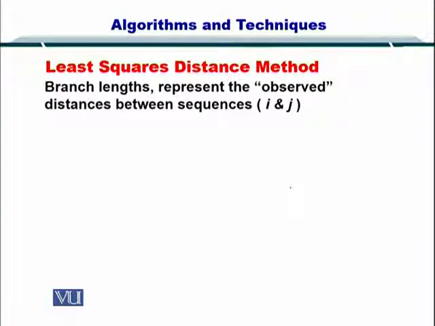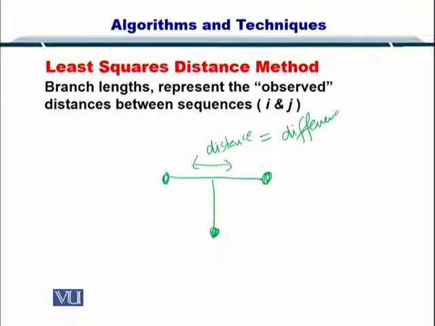So the least square distance method essentially means that the distance between two species is equal to the difference in their sequence. So difference in sequence essentially means the insertions, deletions, mutations, and substitutions that have occurred. And of course, you can find them out by doing pairwise sequence alignment.